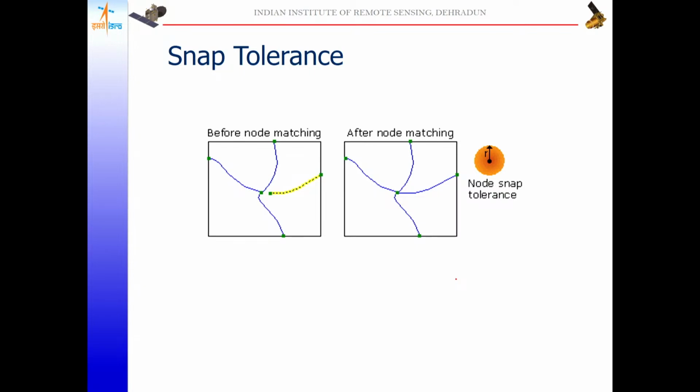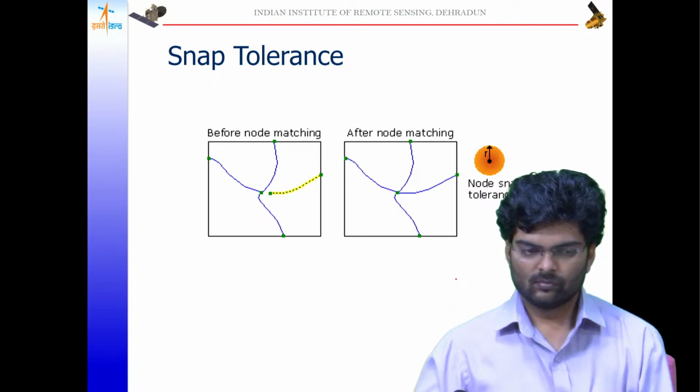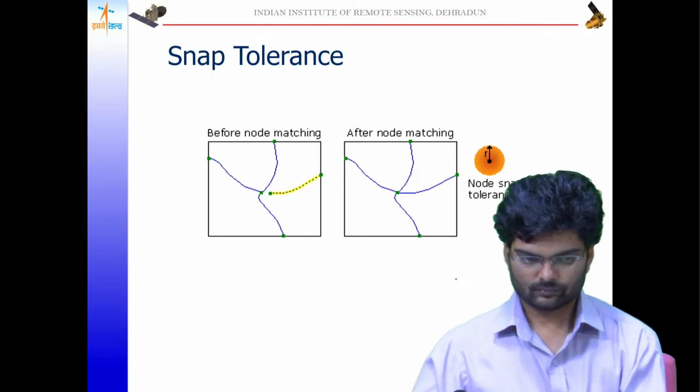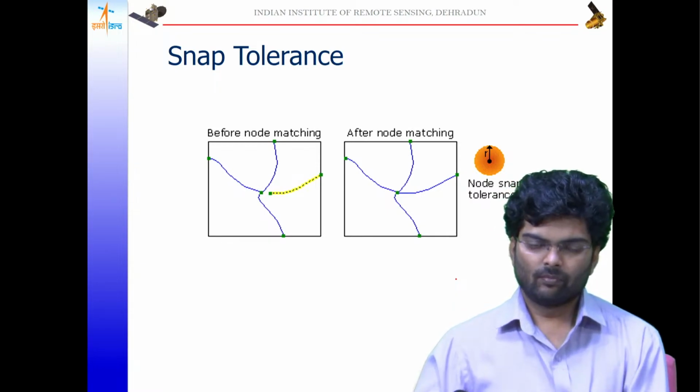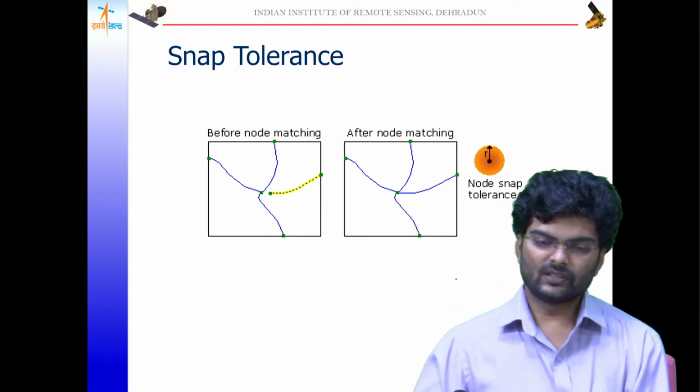It is the minimum possible distance between two features. Tolerance can be between point to point, point to line, point to end point of the line, point to start point of the line, or line to line. So the definition is the same: it is the minimum possible distance between two features.